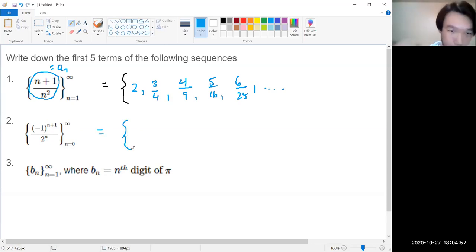So here the index starts at 0, which is uncommon, but it can happen in some questions. So when the index is 0, what is your first number?